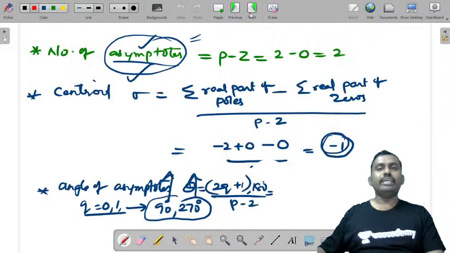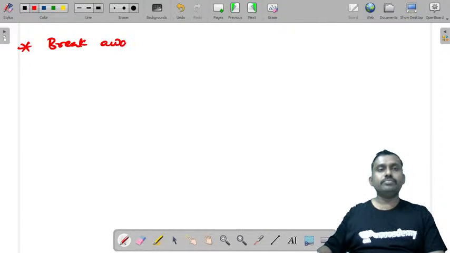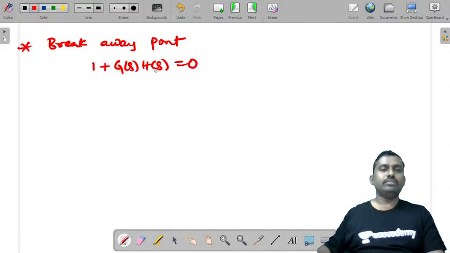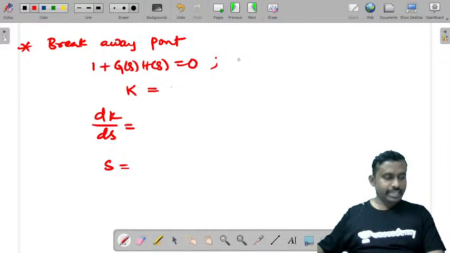How do you find that breakaway point is the question. In order to find the breakaway point, consider 1 plus G(s)H(s) in the given question, write K, differentiate dK/ds and you will get the value. So take 1 plus G(s)H(s).